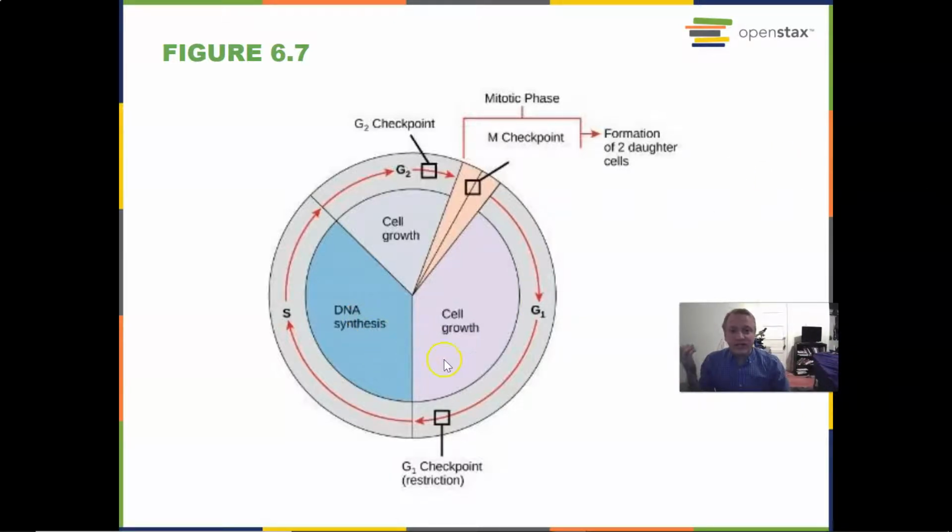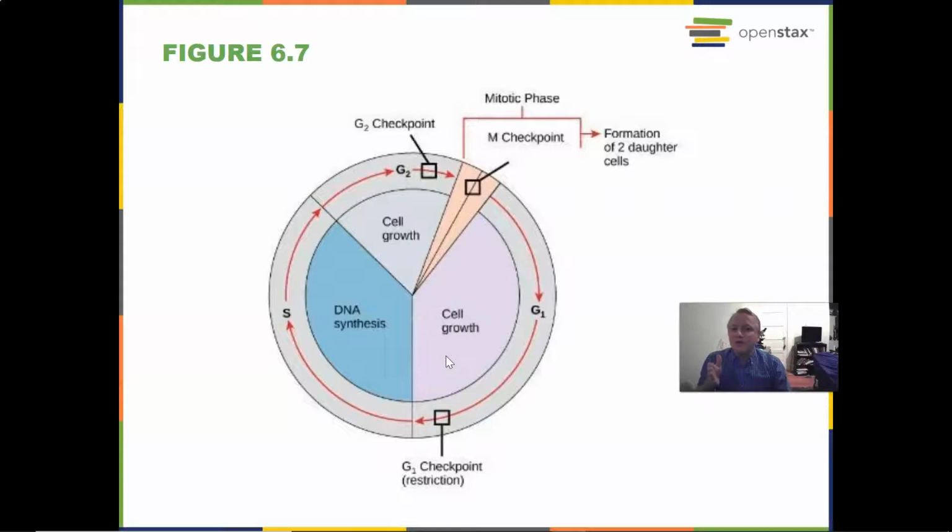So in G1, you're checking the chromosome to make sure that it is good. If you're a human being and you're trying to copy a cell, you don't want a genome that's messed up, that's filled with mutations and problems, or maybe there's been some sort of issue with the chromosome itself.